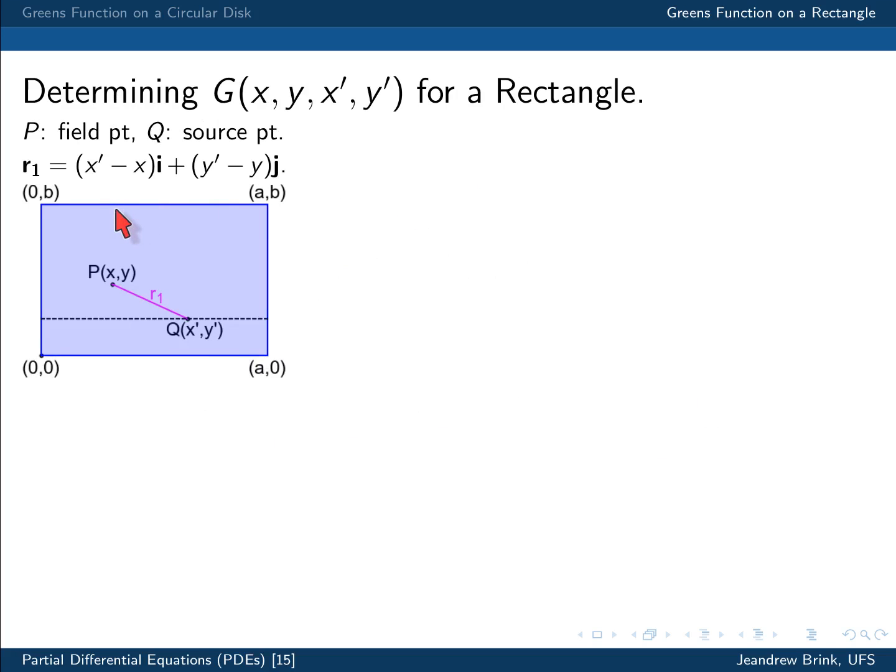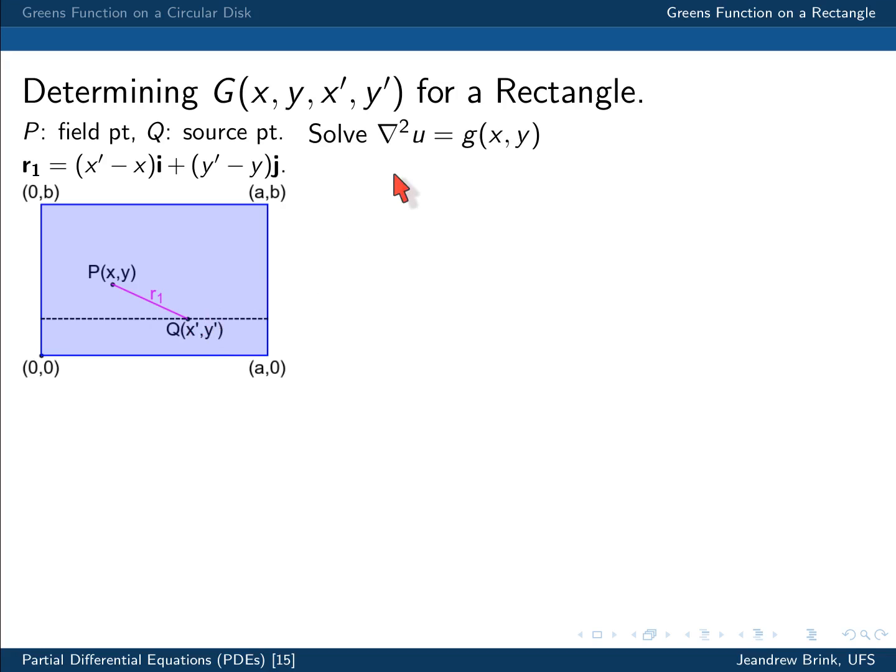Once again, you have your domain, which is now a rectangle in which you're interested in what the Green's function is. You have your field point P and your source point Q. And just to formulate it formally, let me write the rest of the stuff down.